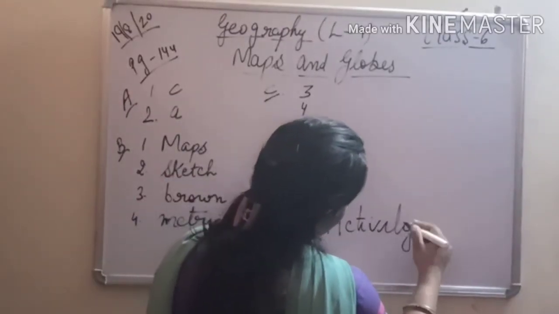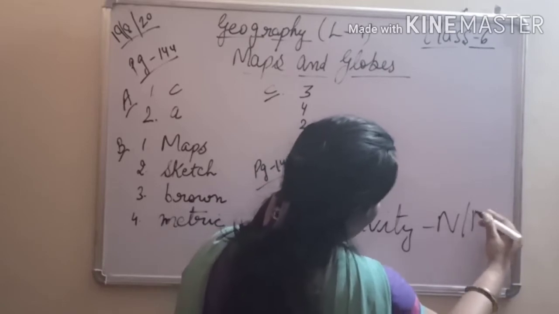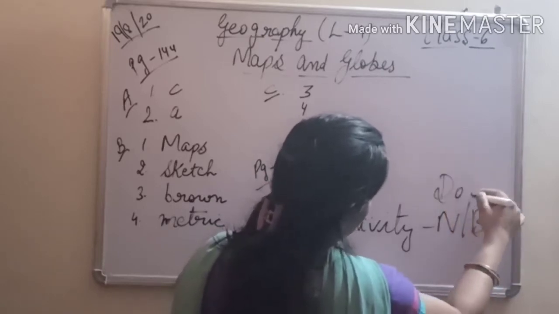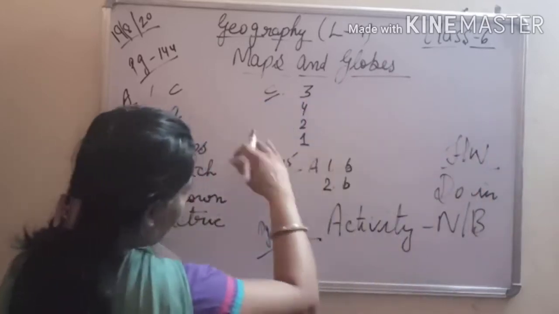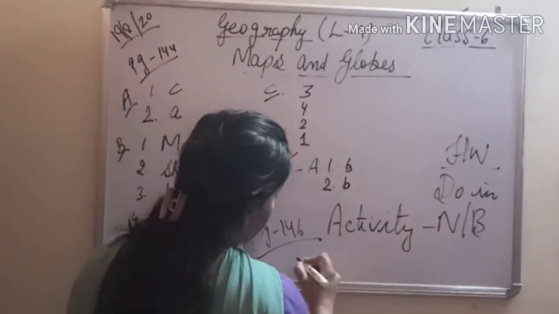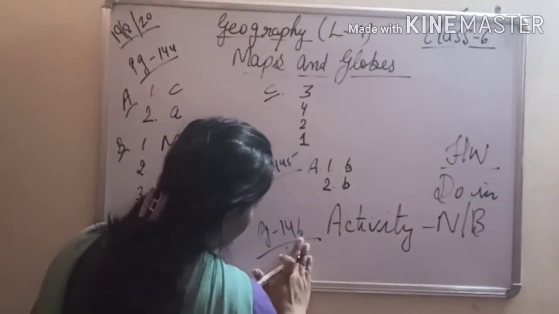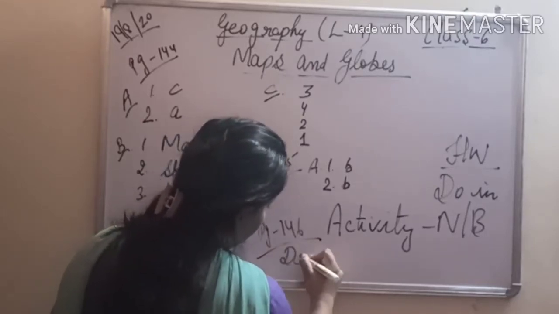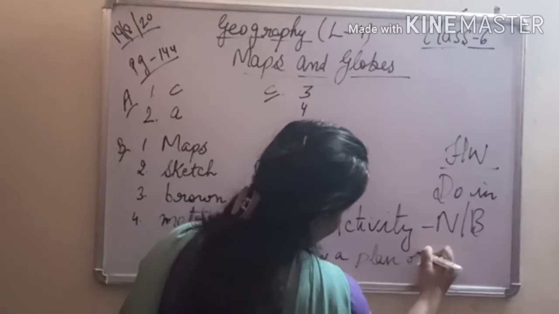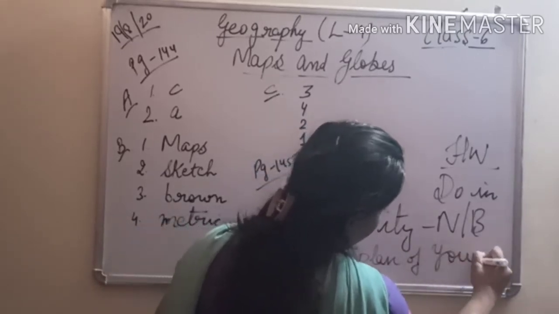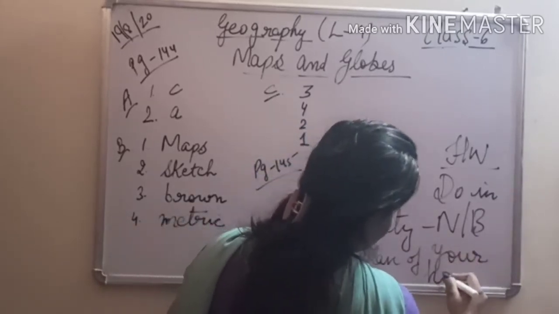This you need to do in your notebooks. Right. So this is your homework for today also. Apart from completing the book work, what will you do? You will draw a plan of your house, right?